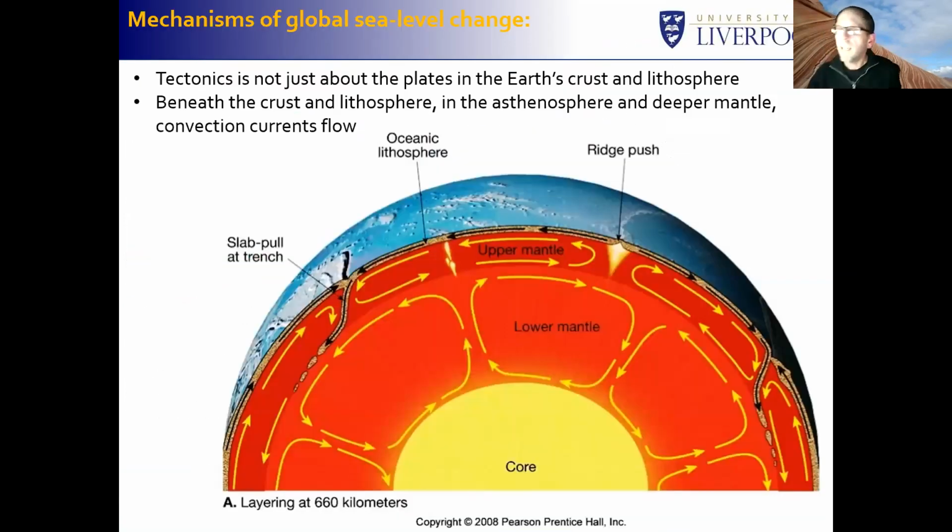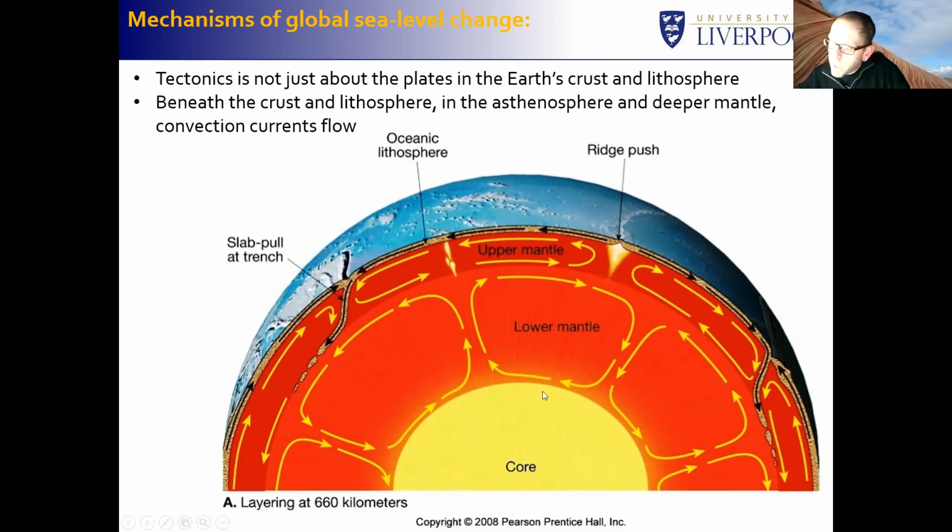Those are two plate, lithospheric-related tectonic processes, but there's another thing that goes on. Tectonics is not just about the plates in the Earth's crust and lithosphere, it's also about what happens deeper in the Earth. Deeper in the Earth, we've got the asthenosphere and the deeper mantle, and they convect, right? We've got heat from the core, which drives convection cells.